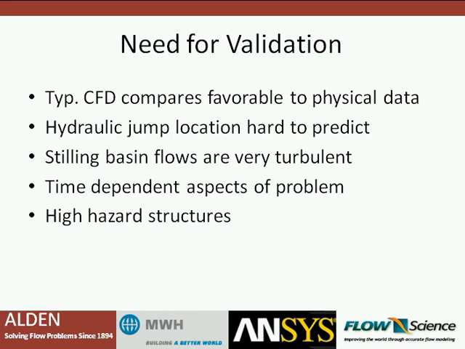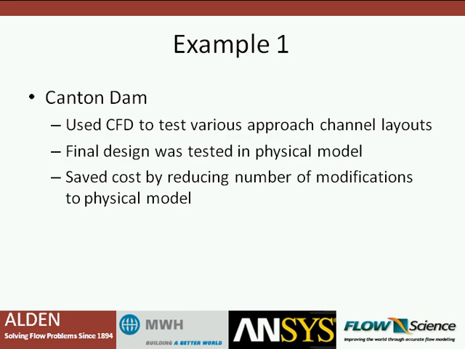Things like, if you've ever watched a river, you can see boils appear and then disappear and then reappear. And it doesn't seem like the CFD always captures that entirely. But in many cases, those might not be things that you need to worry about. And then finally, high hazard structures: you always want to be sure that the model is correct when you're dealing with one of those.